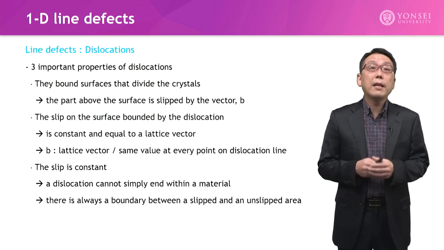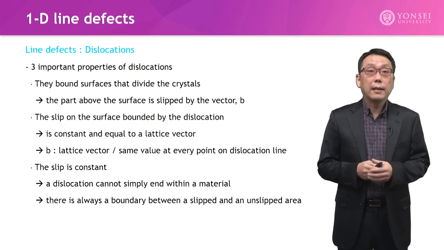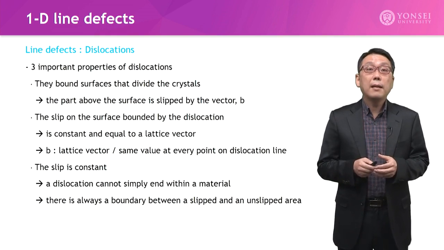We can find three important properties of dislocations. The first, they bound surfaces that divide the crystal, so the part above the surface is slipped by the Burgers vector B. The second, the slip on the surface bounded by the dislocation is constant and equal to a lattice vector.